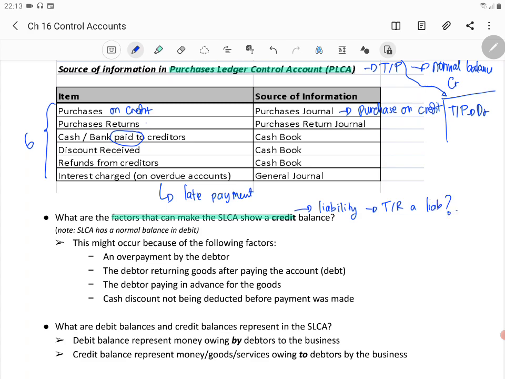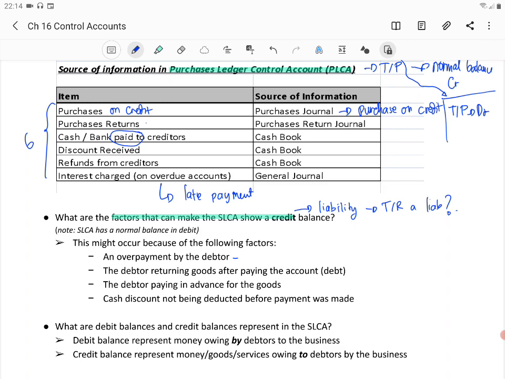The answer is, it might occur because of number 1, an overpayment by the debtors. If the debtors or trade receivables paid more than they are supposed to, the company will have a liability to return the money back to debtors. That is why your SLCA might have a credit balance.